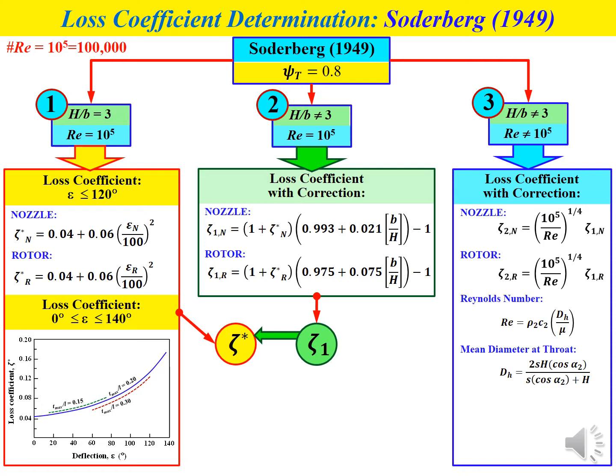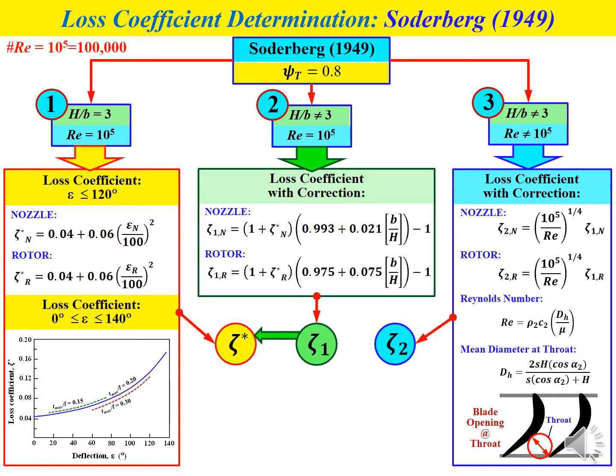And the mean diameter at throat, dH, equals 2sh cos alpha 2 divided by s cos alpha 2 plus h. In terms of definition, the throat refers to the blade opening, or another name for the blade opening is throat. From the schematic diagram, we can see the definition of throat. From the third correlation, we will get the value for zeta 2.